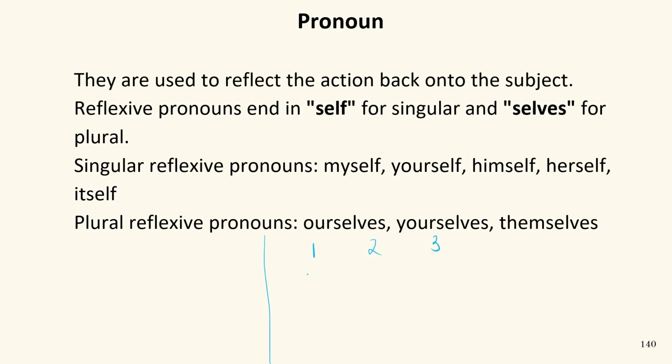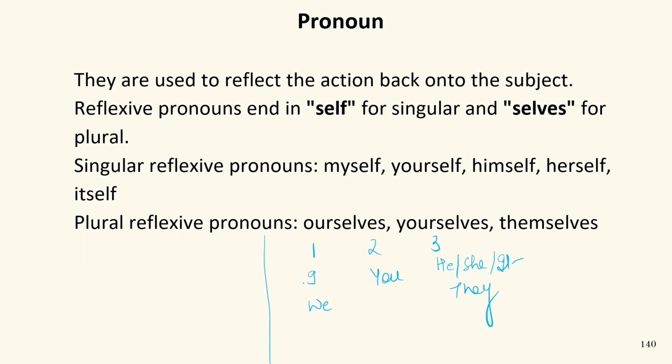This we have already discussed earlier. For example, here we have the words I, we, and you, and we have the words he, she, it, and they. Now we have first person, second person, and third person.